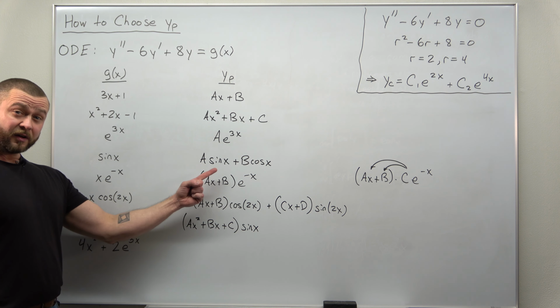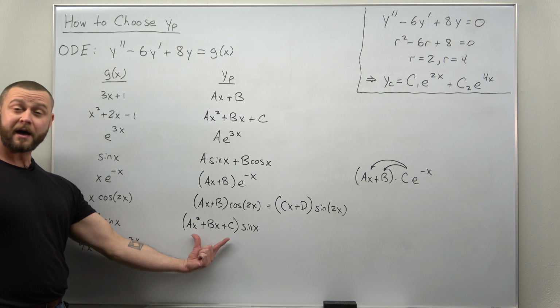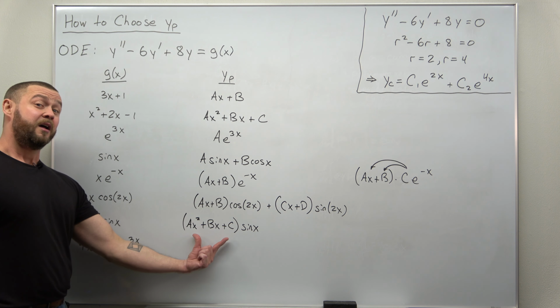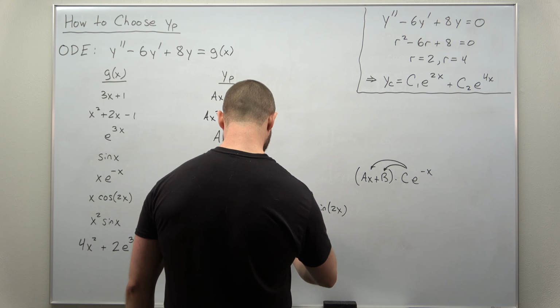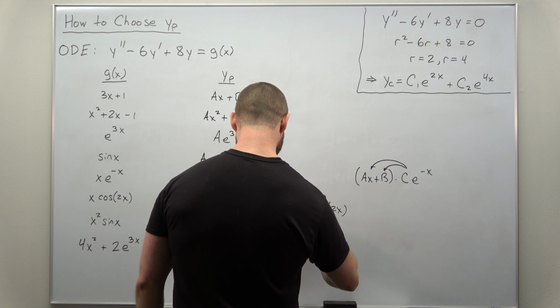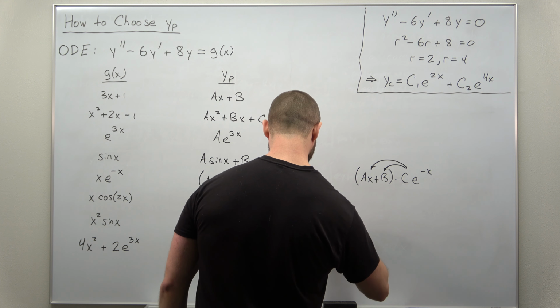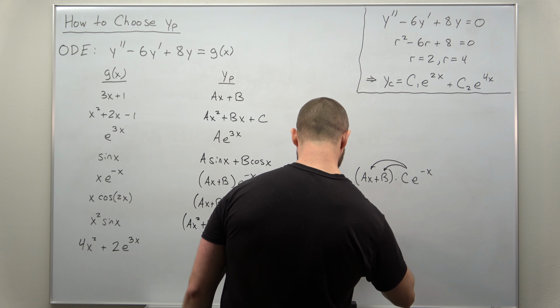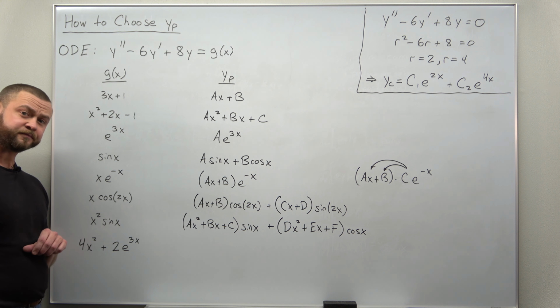But whenever you have just a sine or cosine, you always include the other, but now it's multiplied by another degree 2 polynomial. So 3 more constants. Dx squared plus ex plus f times cosine of x.